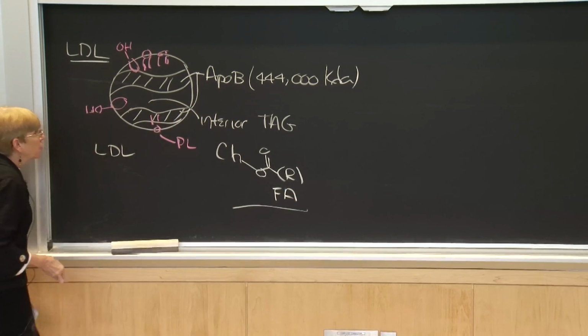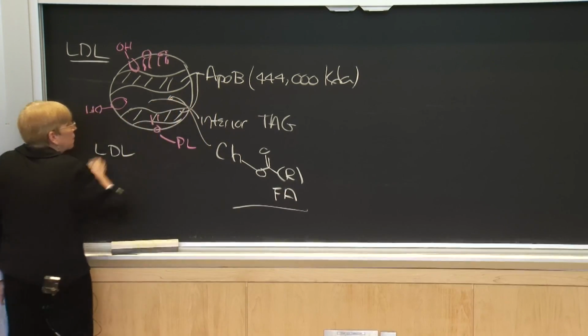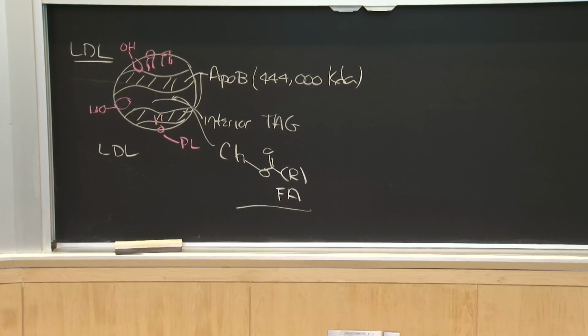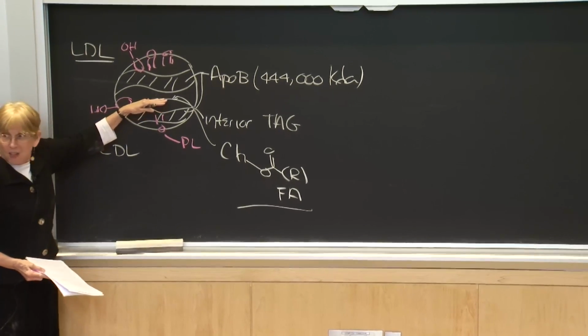Okay, and so this is also in the interior. Okay, so that's the composition of the LDL particles. And the question is, again, where do they come from? Starting with stuff we get from the diet. Okay, so that's what we're going to be focused on. The cholesterol is stuck on the surface and in the interior.